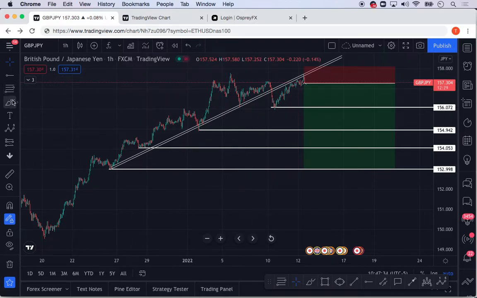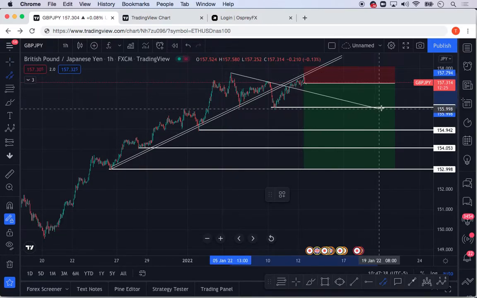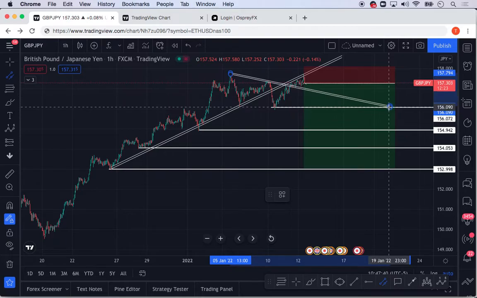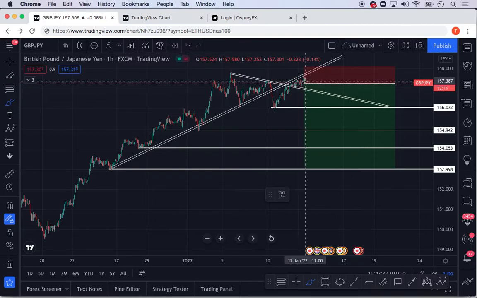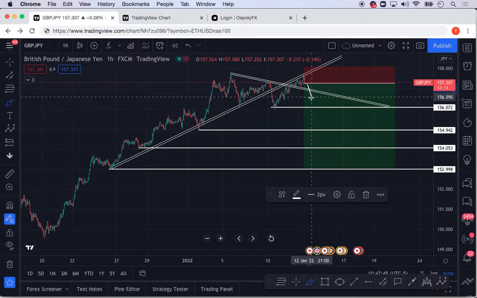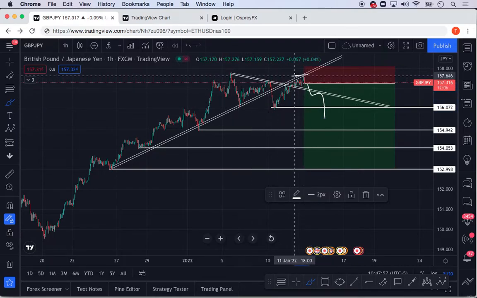And I know somebody may say, oh, but what about this right here? To be honest with you, yeah, we broke above this level. But for whatever reason, if GJ decides to come down and retest this level right here and fall again, that means this was a fake breakout.